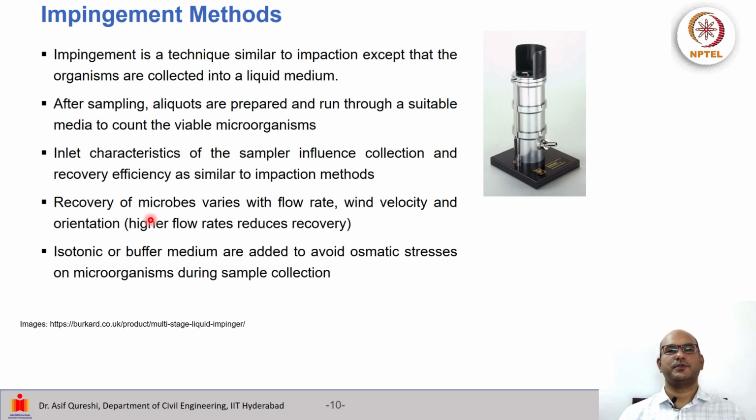The recovery of microbes may vary with flow rate, wind velocity, and also the orientation. Generally, a higher flow rate may tend to reduce the recovery. In such methods, sometimes an isotonic or buffer medium is added to avoid osmotic stresses on microorganisms during the sample collection.